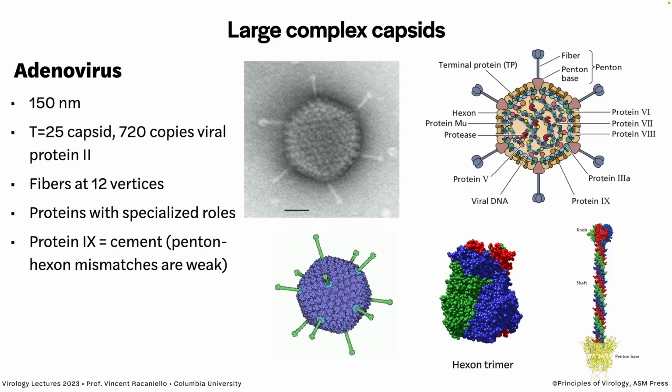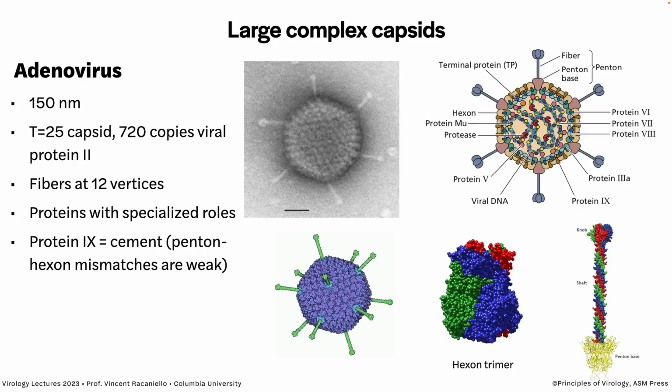And it has a number of proteins with specialized roles. For example, there is a protein sticking out from each 5-fold axis of symmetry. You can see on this reconstruction, just cryo-EM reconstruction on the bottom here, these green fibers, they're called the fiber protein. And they are how the virus is going to attach to the cell receptor. And so that's one protein with specialized roles.